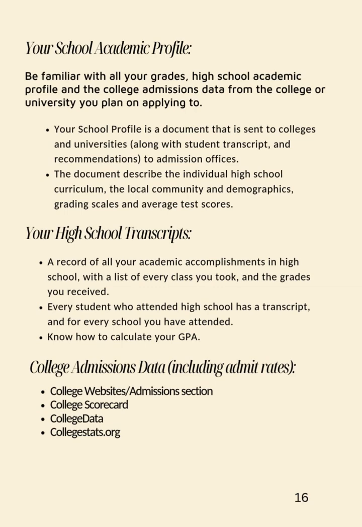Also, when you're doing your research, be sure you find admissions data. Most or all of the data is usually located on the college's website, mainly the admissions section. Use the College Scorecard, which is located on the Department of Education's website.